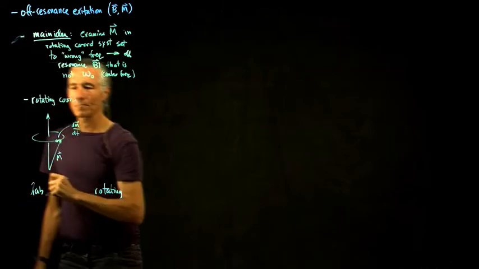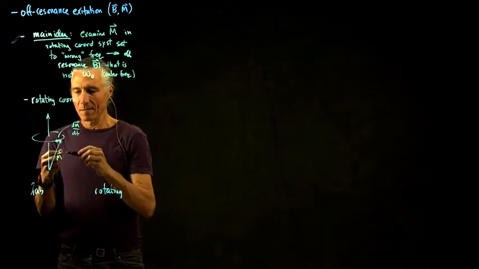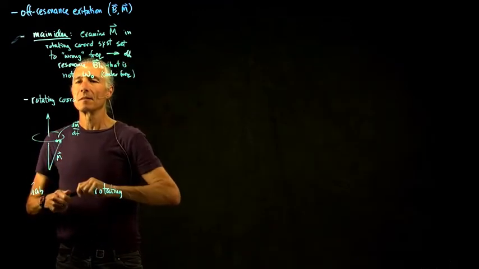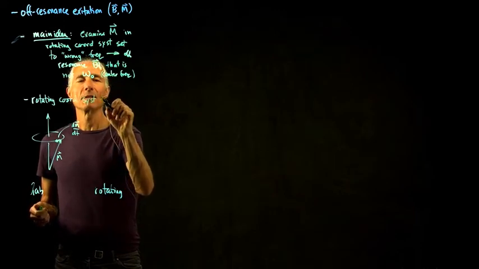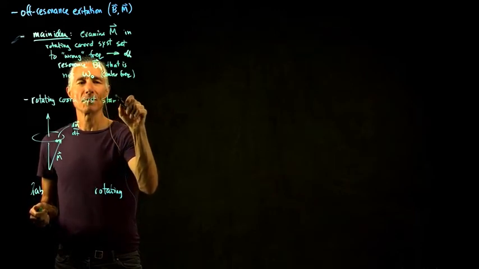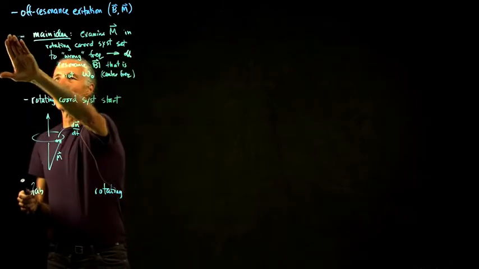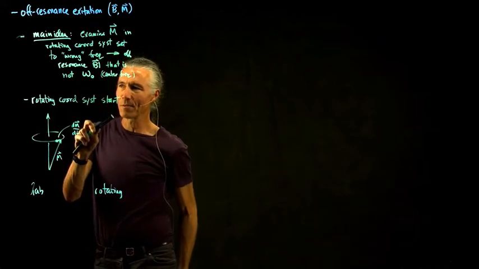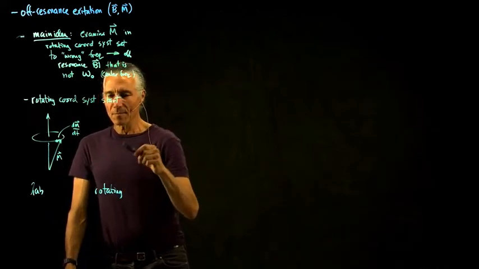Okay, so that's the coordinate system start. So this is what we did before we did off resonance. So before off resonance, we're just going to review the rotating coordinate system. So in the rotating coordinate system, what happens?